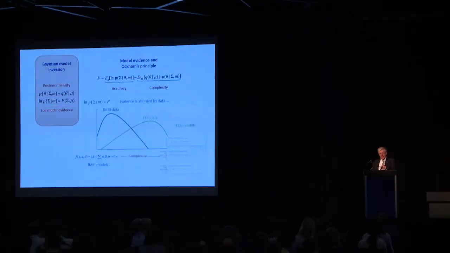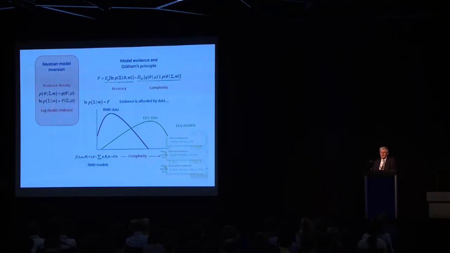And I think it's important to realize that the evidence is a function of the data. So there is no true model, there is no best model, but there's always a best model for a particular data set at hand. So I've tried to illustrate that at the bottom here: you can think of a space of different models with different complexities, say a very simple fMRI model using a bilinear approximation on the left-hand side, right through to the very complicated neural mass models that Professor Lopez da Silva was talking about yesterday.